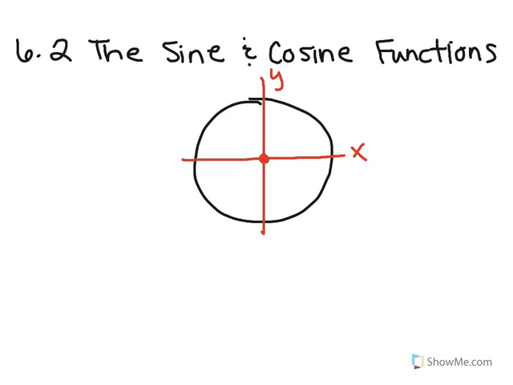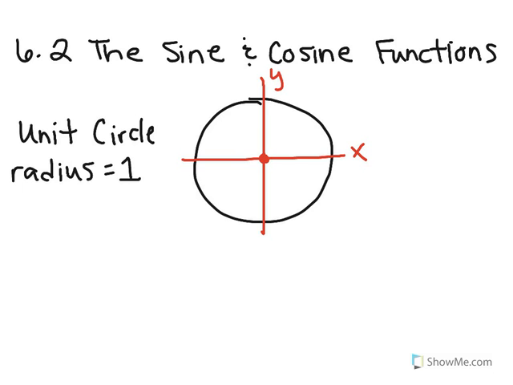What's interesting about the unit circle is that it always has a radius of 1 unit. No exceptions, so the radius will always be 1.